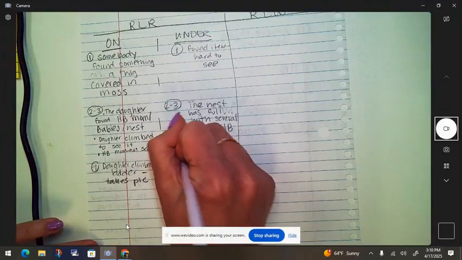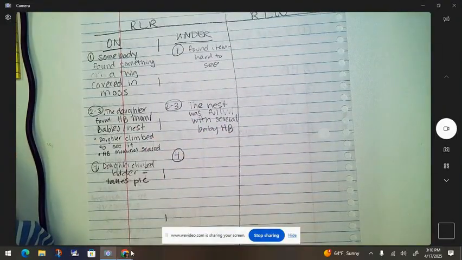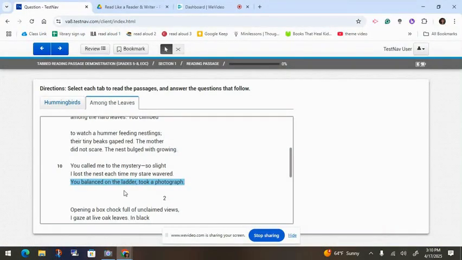And then for under the surface, I feel like more of that stanza under the surface, because I was like, wait, what is this person saying? I think it's saying, you called me to the mystery so slight, I lost. So I think the daughter is calling the mom, hey, come look at this. But the mom has a hard time seeing it because it's so small.